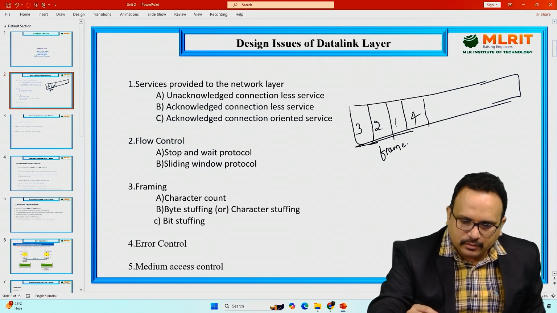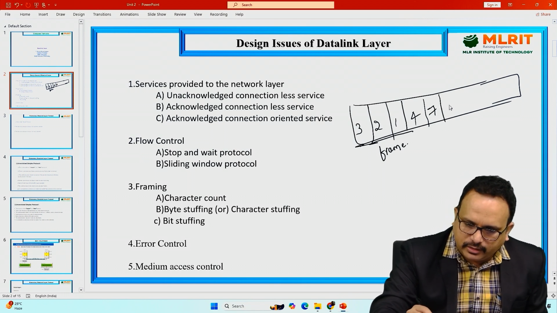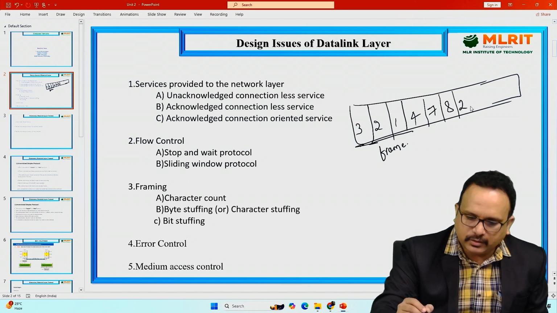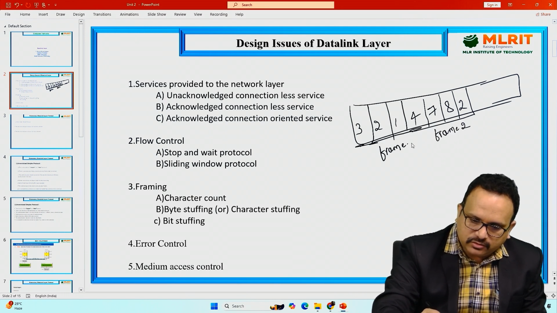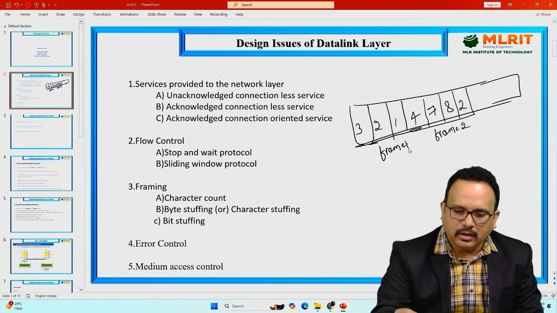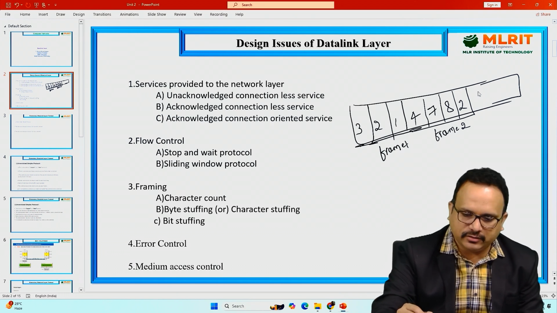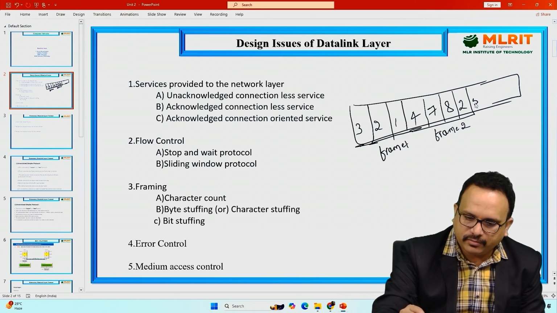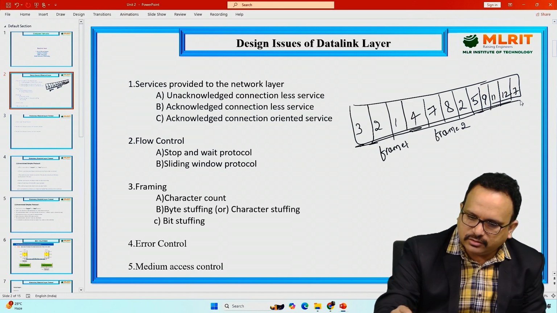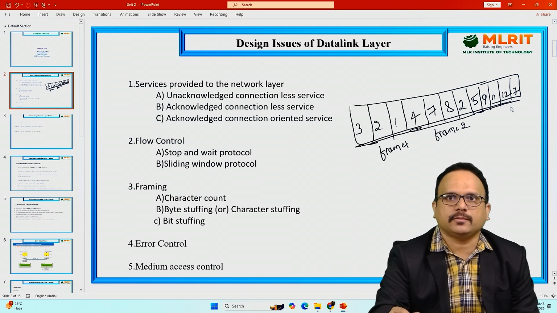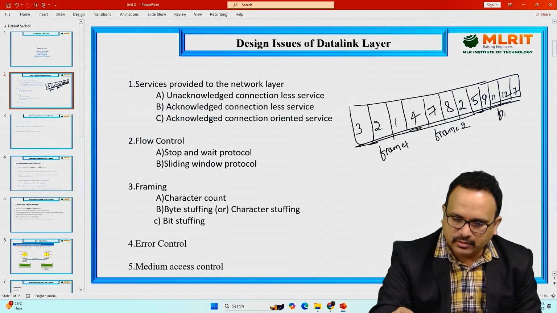And this is the second frame. And if you have one more frame, say starting with 5, then you have 5 characters in this third frame.